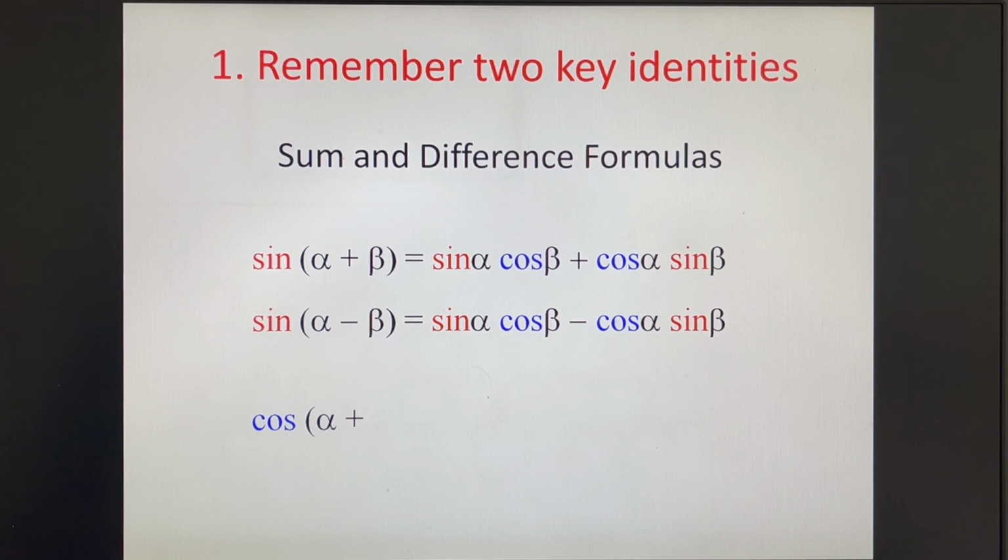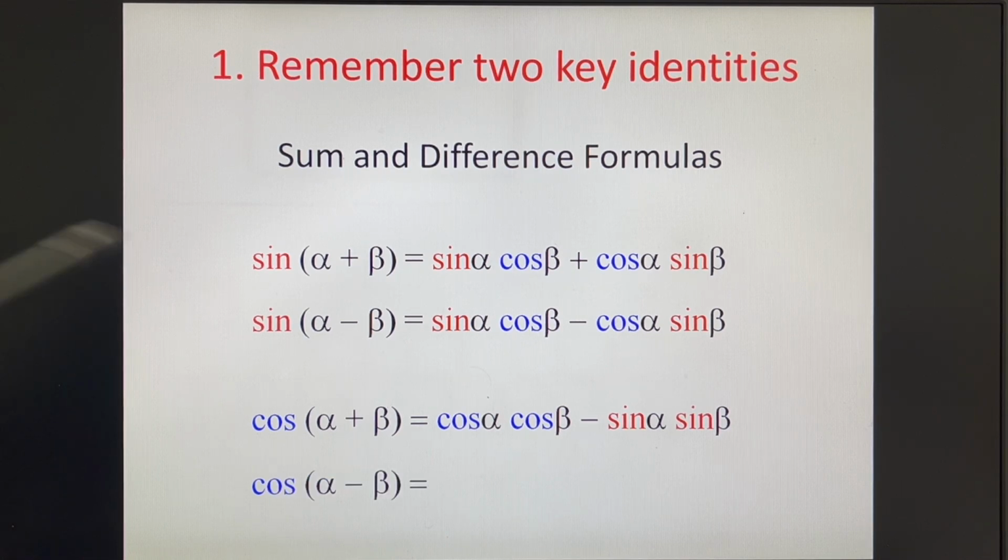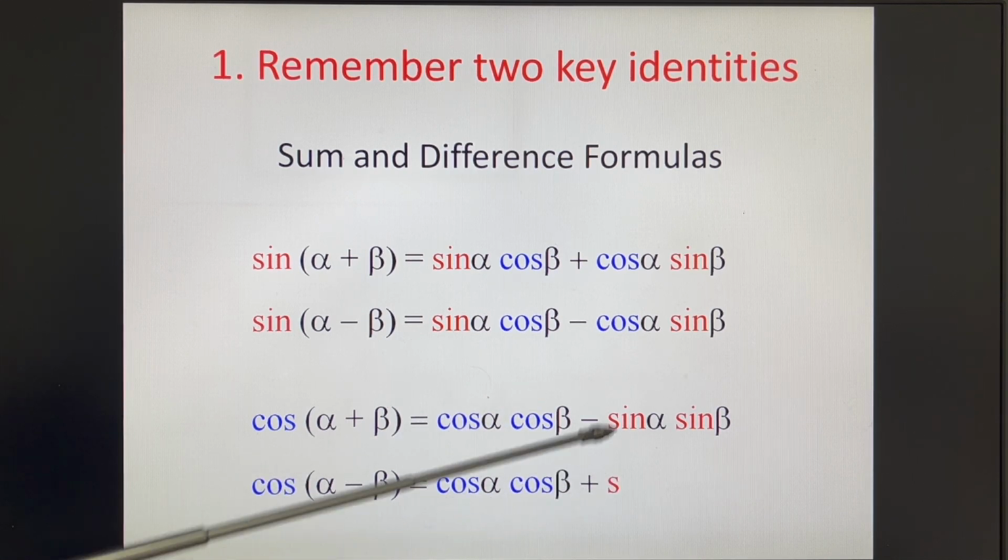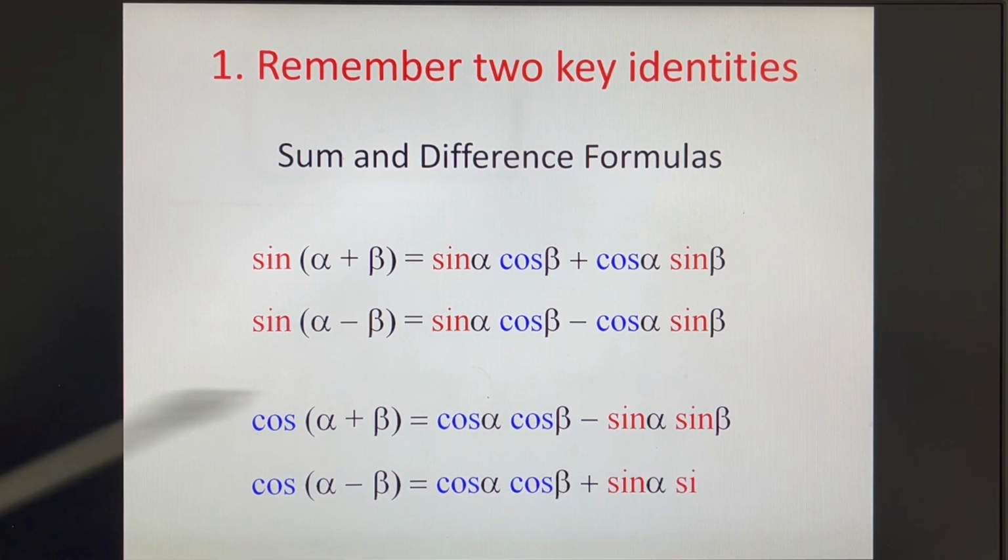Cosine alpha plus beta equals cosine alpha cosine beta minus sine alpha sine beta. Cosine alpha minus beta equals cosine alpha cosine beta plus sine alpha sine beta. These 4 identities are the ones I use to deduce others.